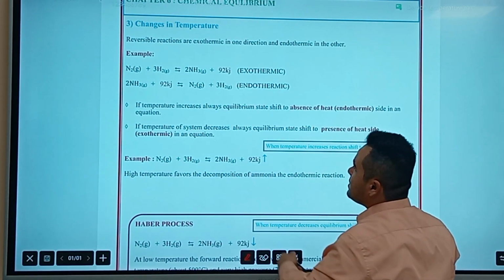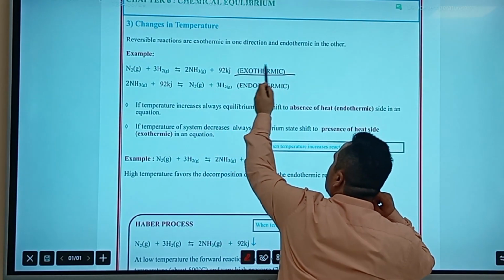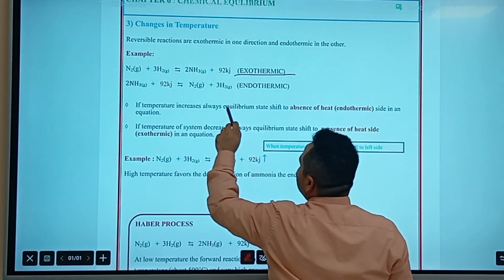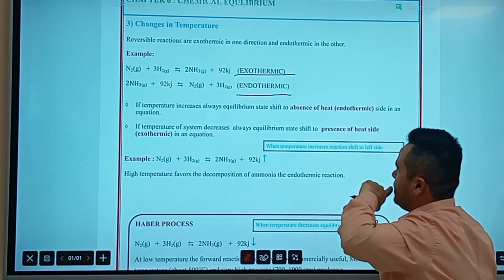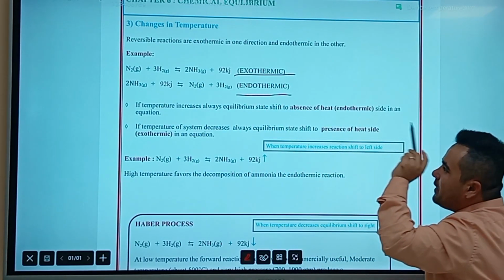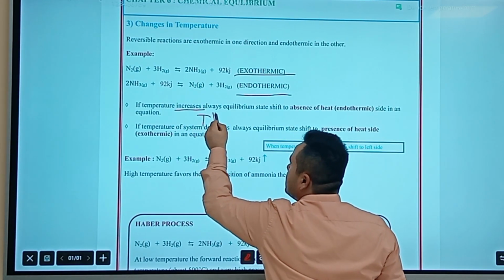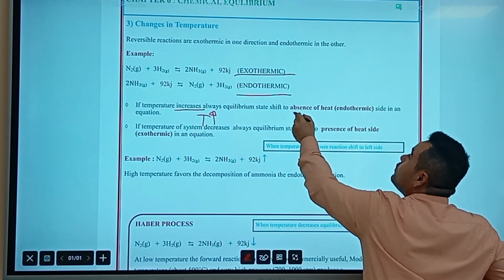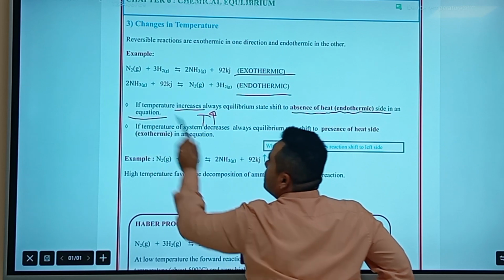For example, guys, the formation of ammonia is an exothermic process, releasing 92 kilojoules. And the decomposition of ammonia is an endothermic process. If temperature increases, guys, always the equilibrium state shifts to the absence of heat, the endothermic side in an equation.